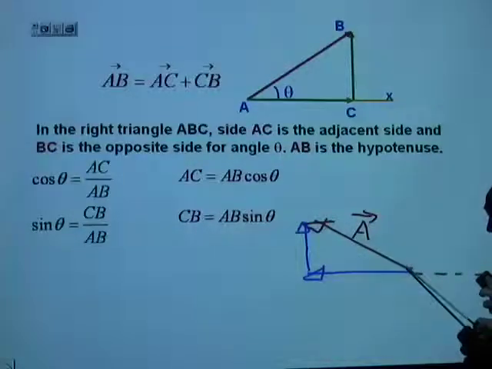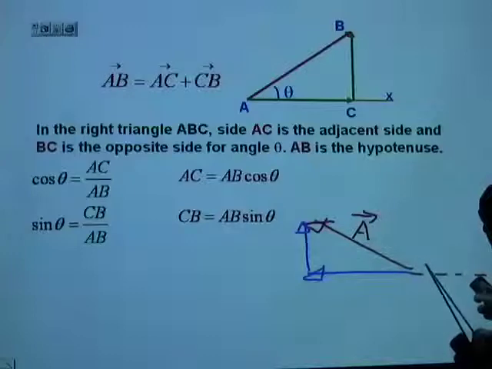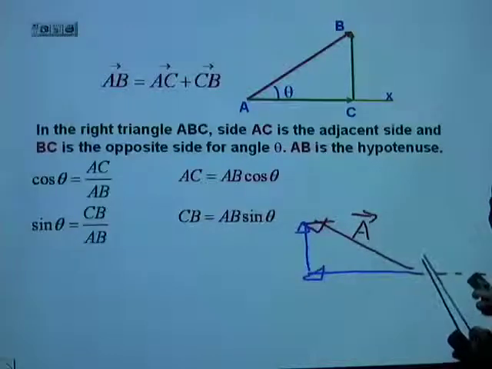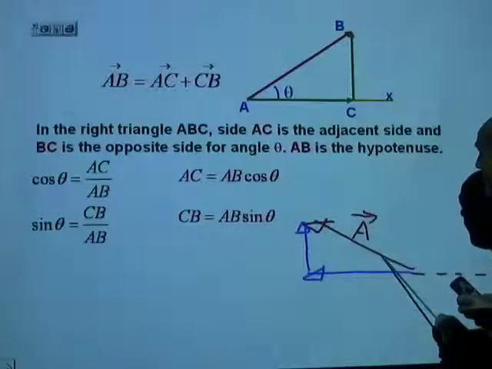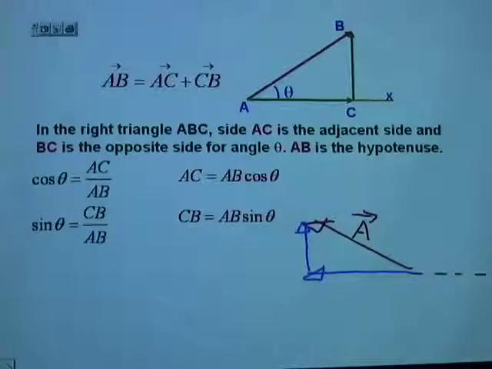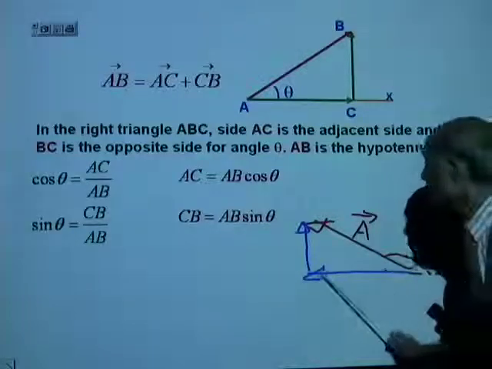Now, what is the direction of this vector? The direction of this vector is specified by the angle the vector makes with the x-axis. What is that angle? That angle is this angle, and that is the angle theta. Therefore, what is the x component?